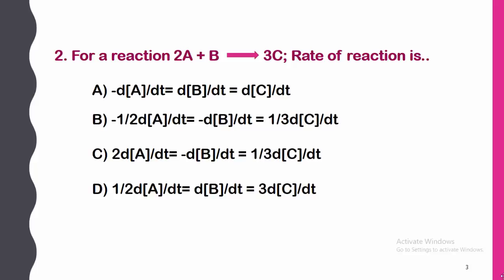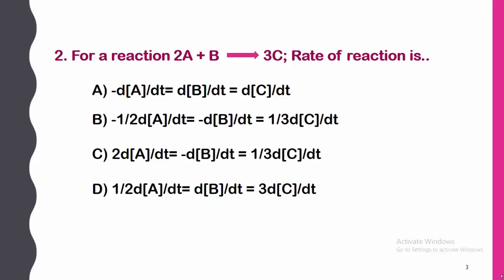In writing this mathematically, decrease in concentration is always written in the negative form, with a minus sign. Here A is a reactant and B is a reactant, so the concentration of A and the concentration of B are always with the negative sign.